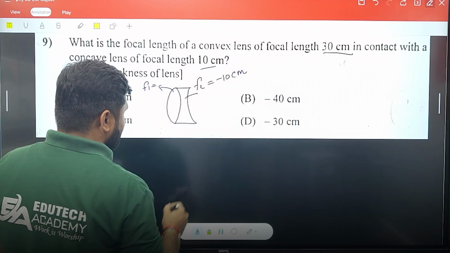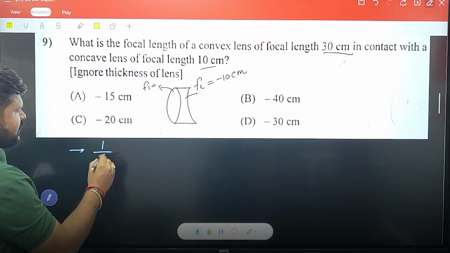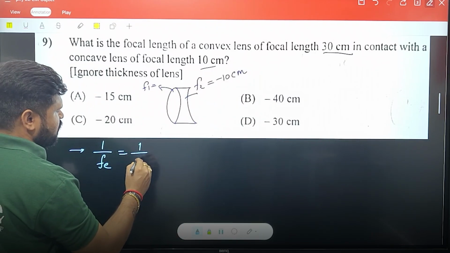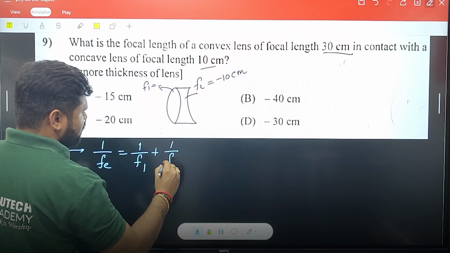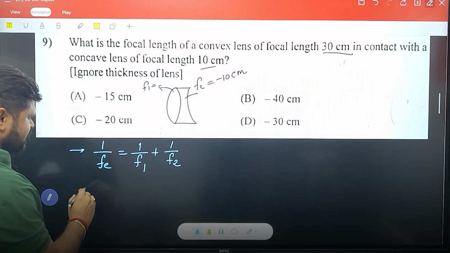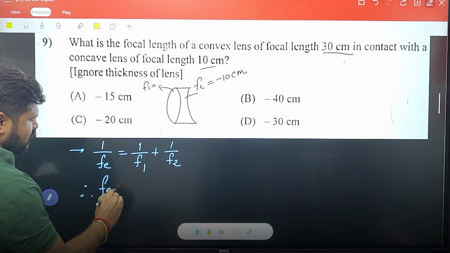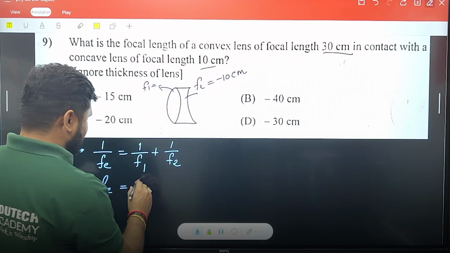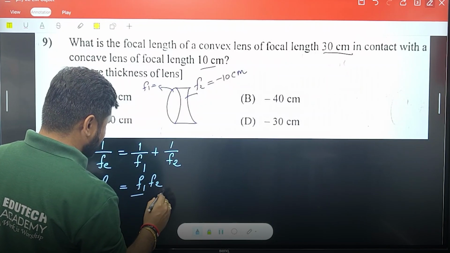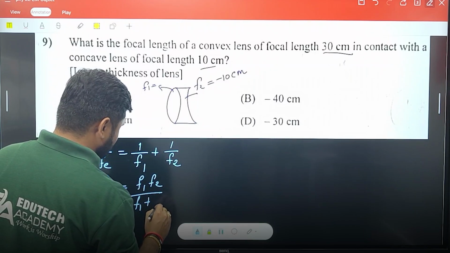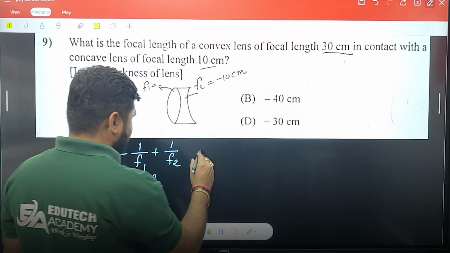So what is the formula of the equivalent focal length? That is 1 upon Fe is equal to 1 upon f1 plus 1 upon f2. Before placing values, we make the formula simple, that is f1 f2 upon f1 plus f2 by taking LCM.